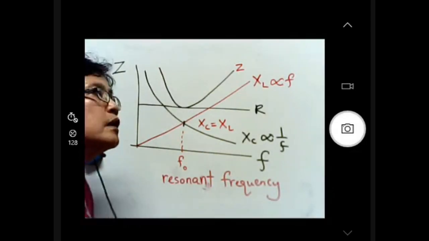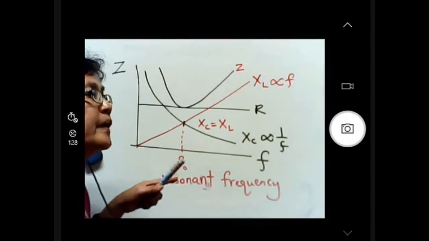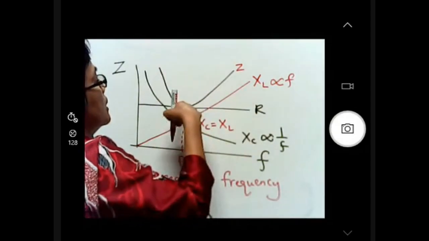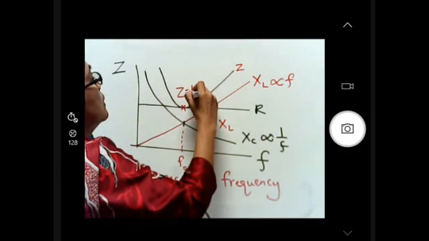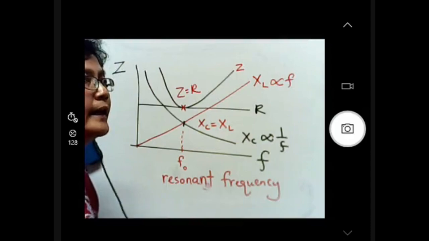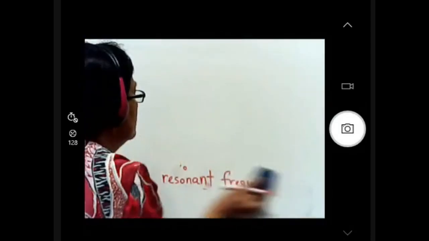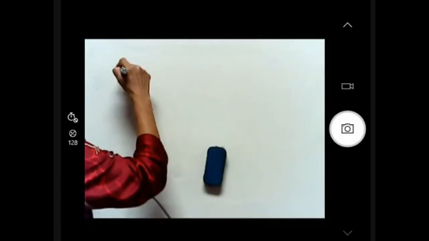So if the capacitive reactance equals the inductive reactance, the impedance at this point will equal the value of Z shown in the graph. This phenomenon we call resonance.